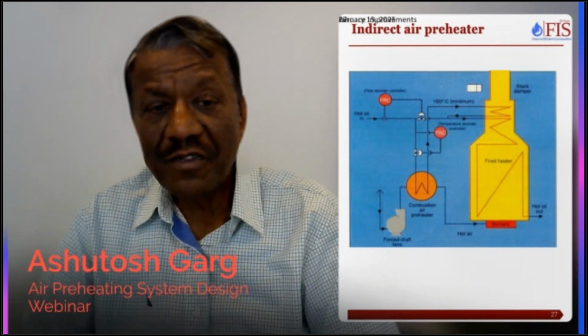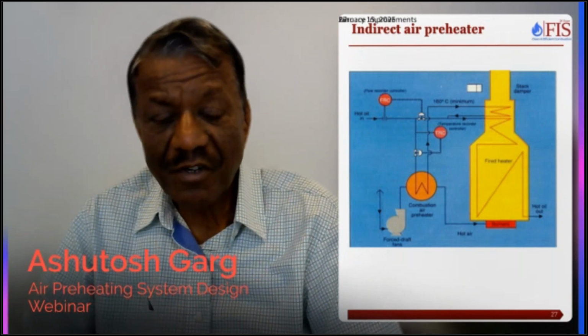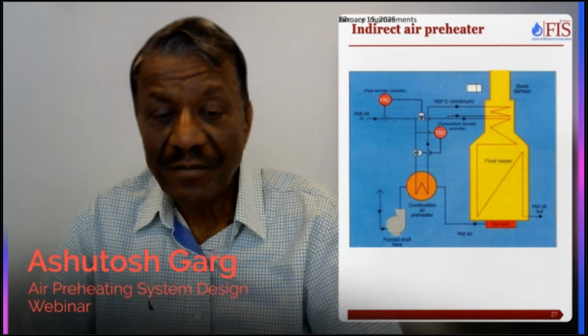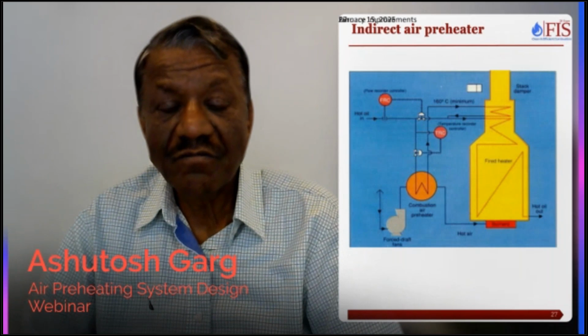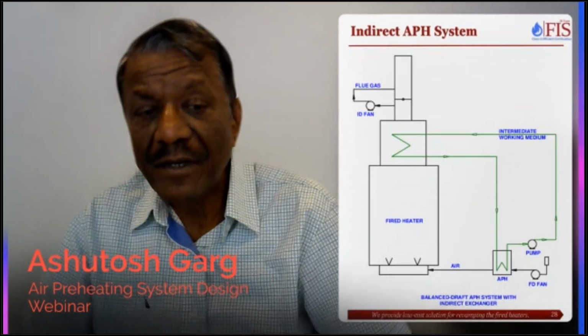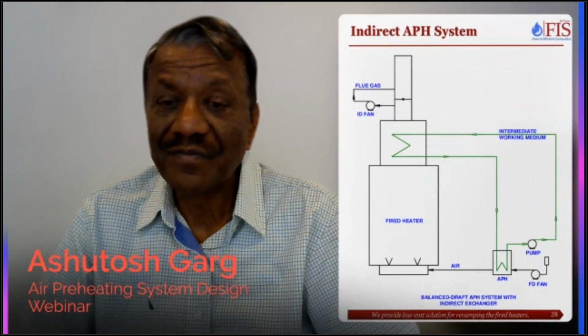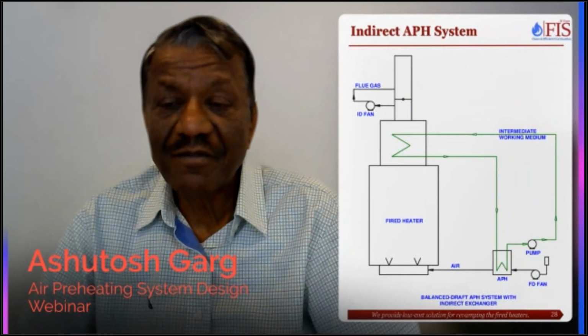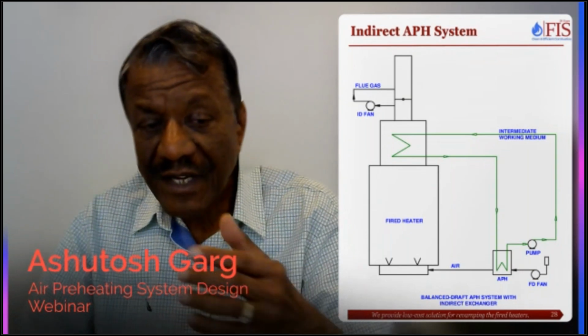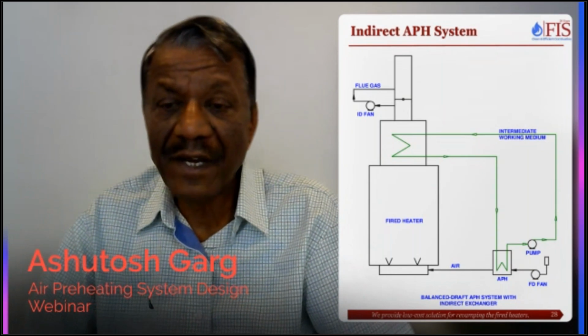So we used the same concept recently, about 6 years ago, for building an air preheater in a similar design because the client was limited in space. They did not have space for the flue gas ducting and ID fan. So we designed a very nice compact air preheater.